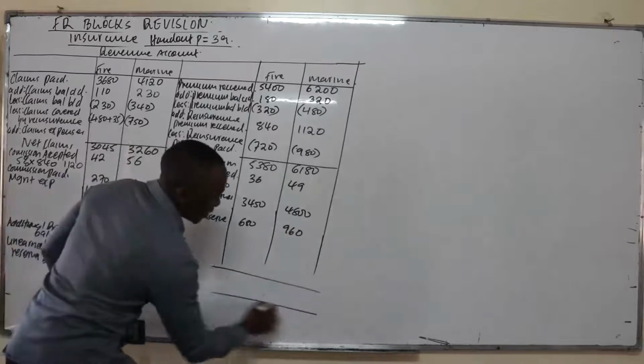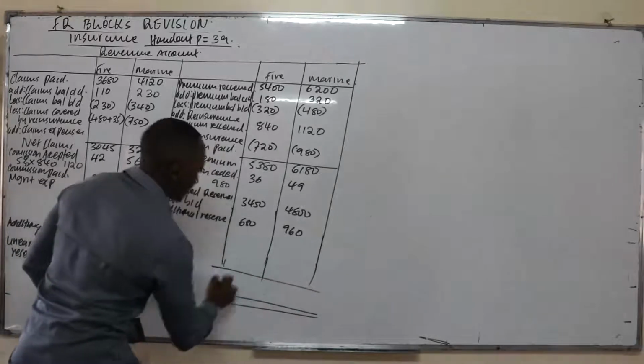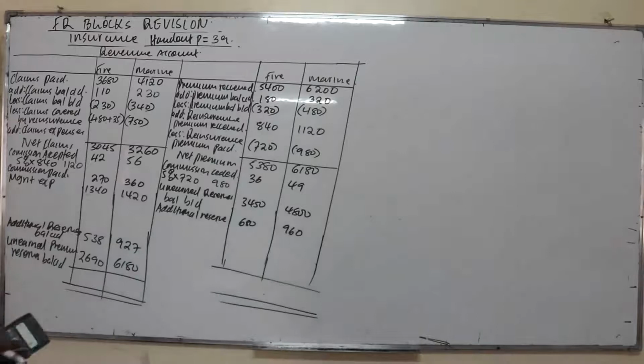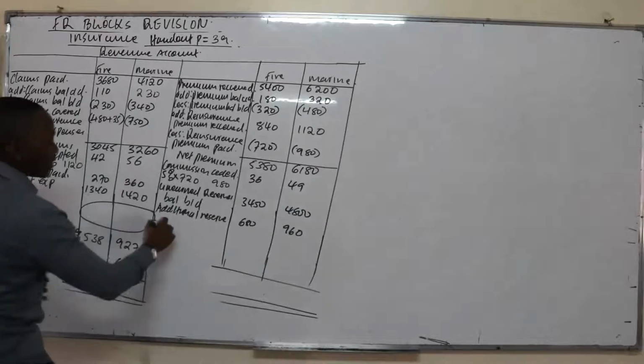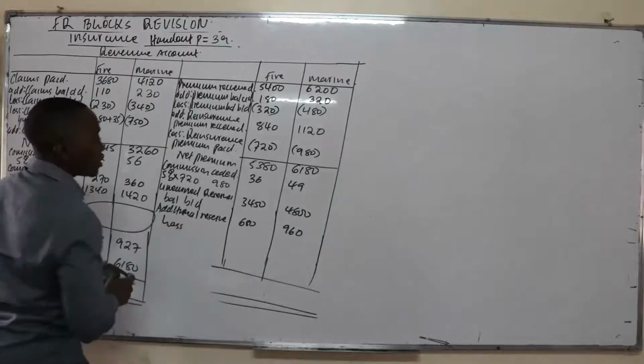So now with that, we want to determine whether they operated at a profit or a loss. So let's now balance that. Now the balancing figure, if it's on the debit side, that means they operated at a profit. If you get it on the credit side, that means they operated at a loss.